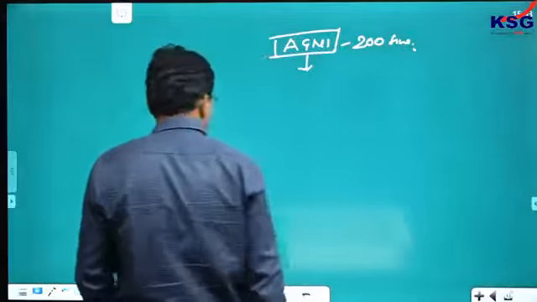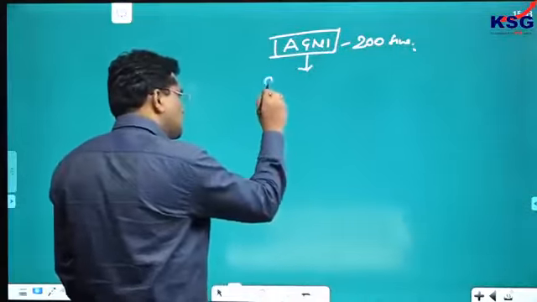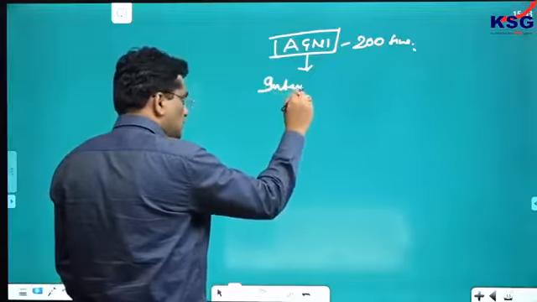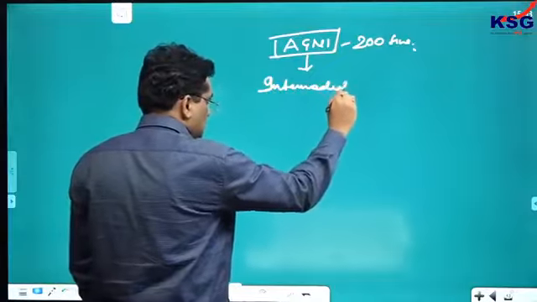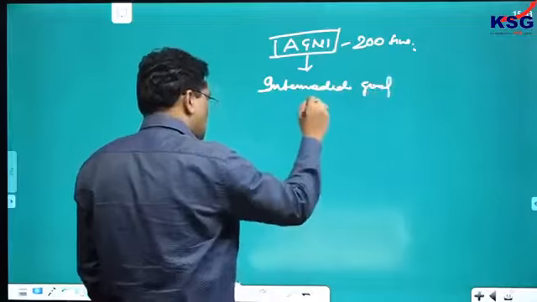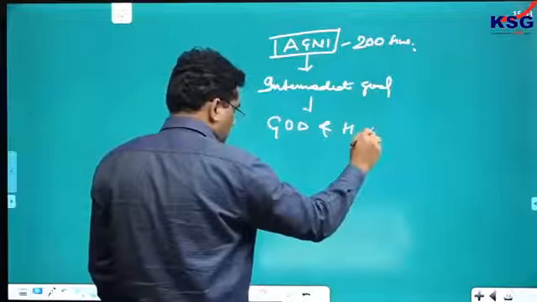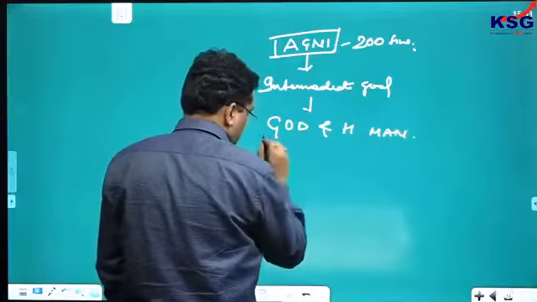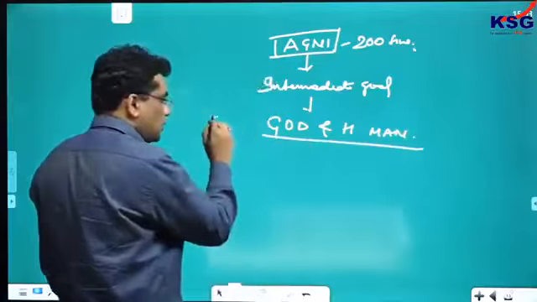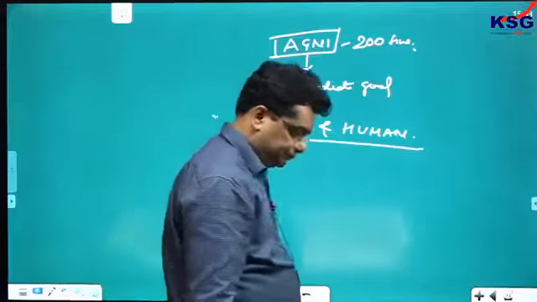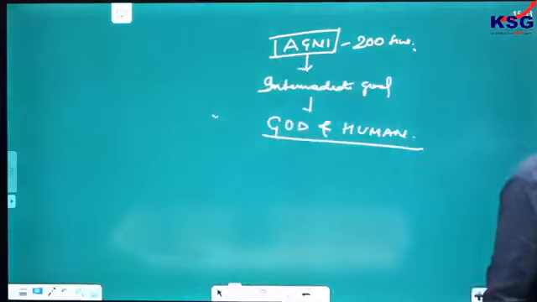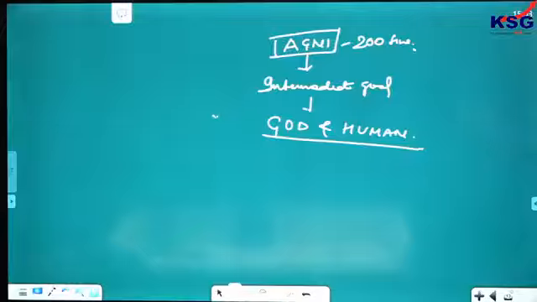Agni is intermediate god between god and human. So Agni is intermediate god between god and human.